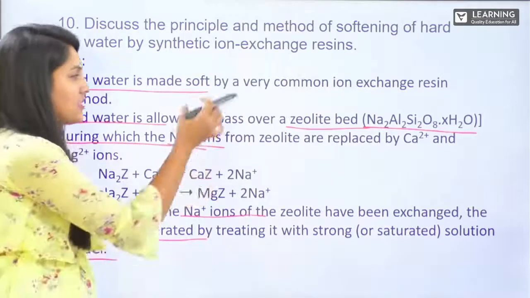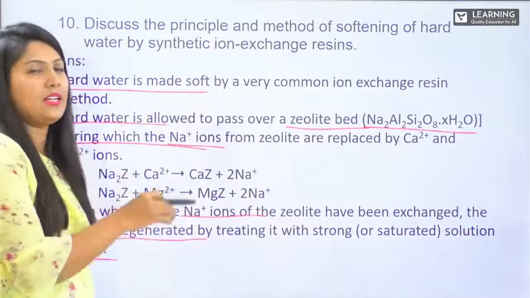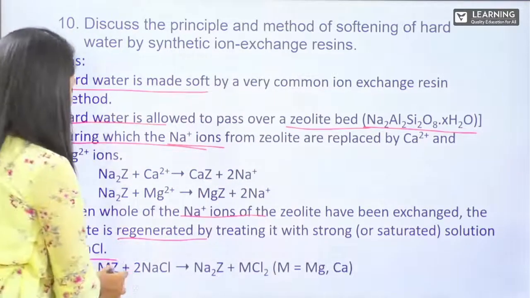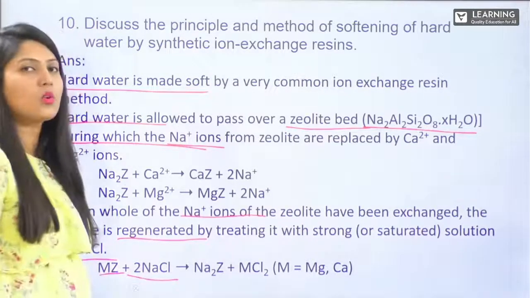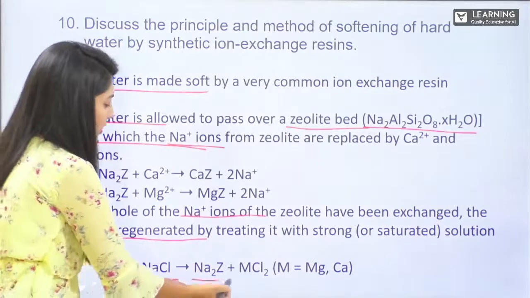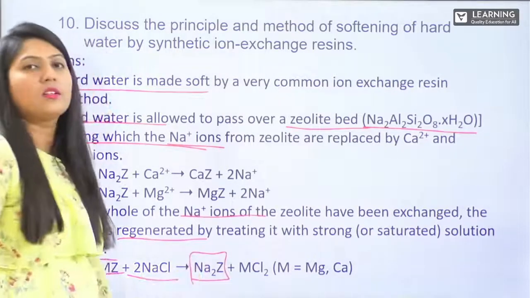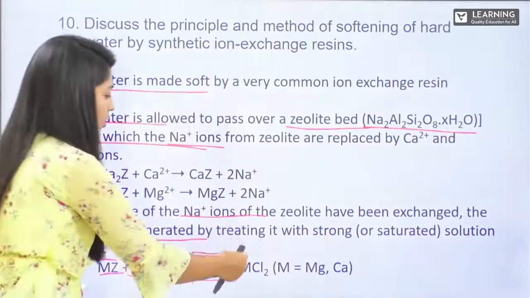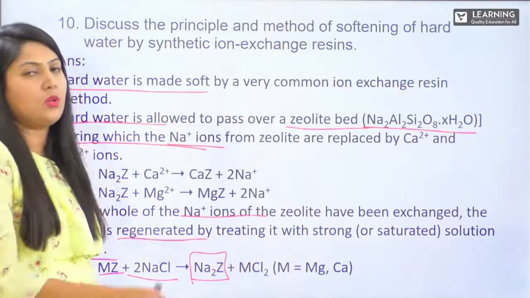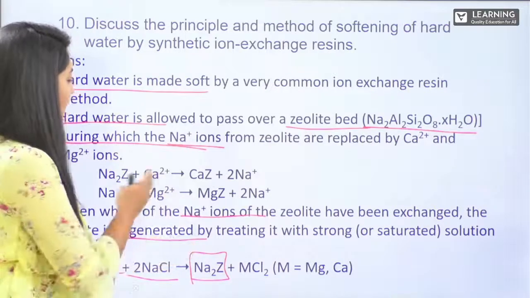That means the zeolite can be regenerated by adding salt. Reacting with sodium chloride, we again get the zeolite, and we can reuse it for removal of magnesium or calcium from the water.